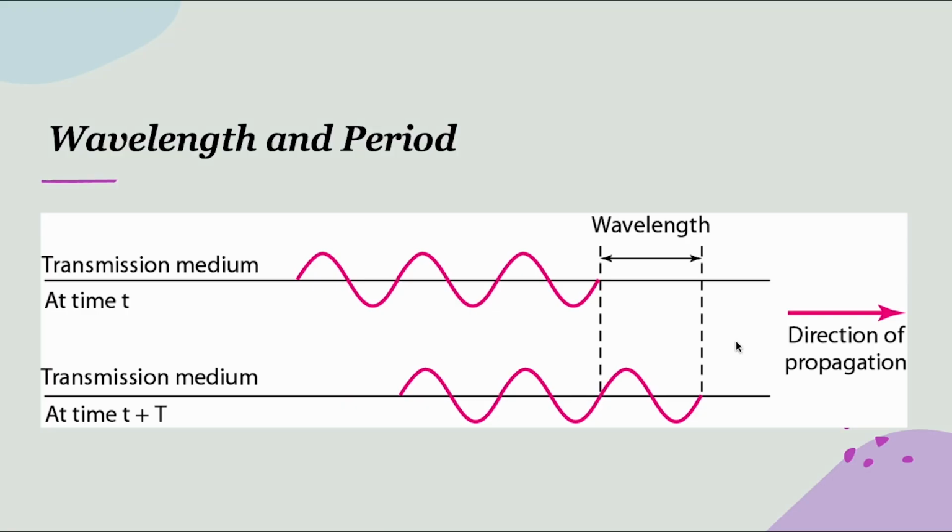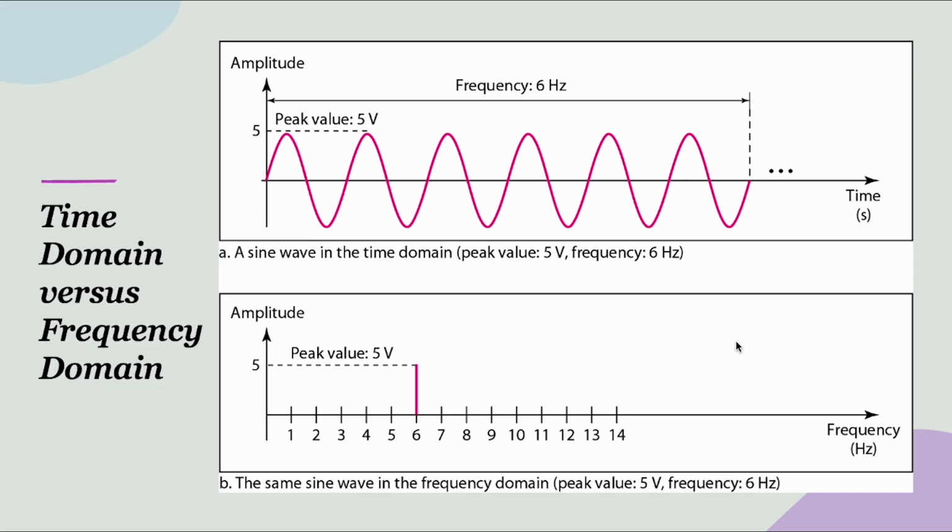However, in engineering, it's more useful to draw the wave not only in terms of its variation with time, but on a different scale where you have the amplitude and the frequency of the wave. Now this is a very different perspective of the same information.